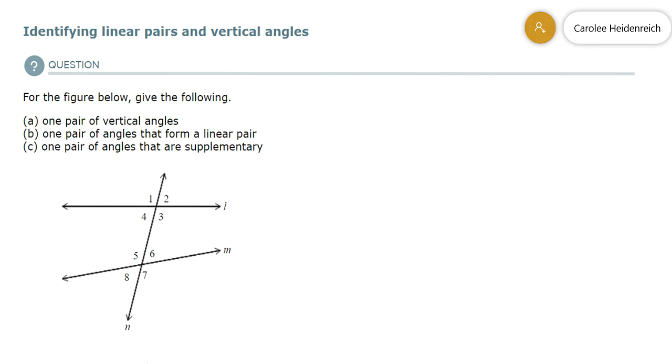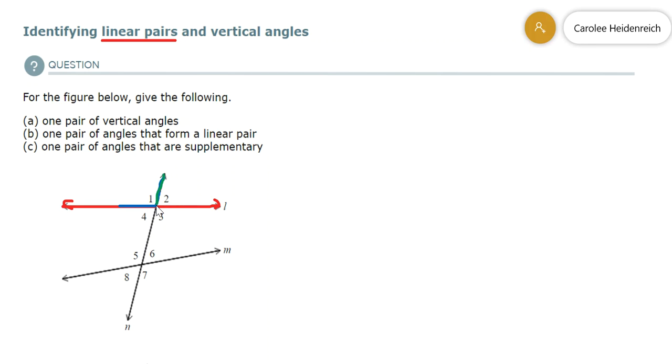So you kind of need to understand the vocabulary behind this. A linear pair would be any two angles that form a line together. For example, look at the line L. It can be formed from two angles: angle 1, which is not a 180 degree angle, and angle 2.